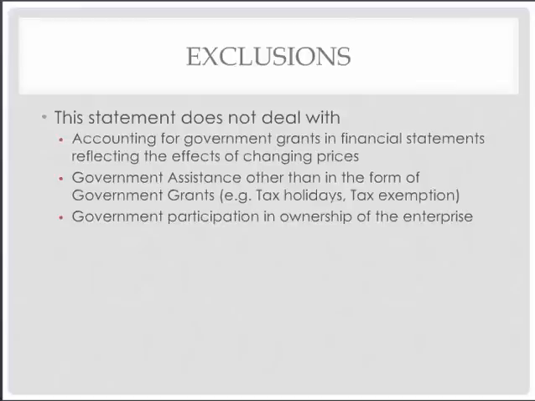And lastly, it does not cover government participation in ownership of the enterprise. That means it does not cover the government buying equity shares or such kind of ownership of an enterprise. It only covers grants given and not ownership bought by the government.